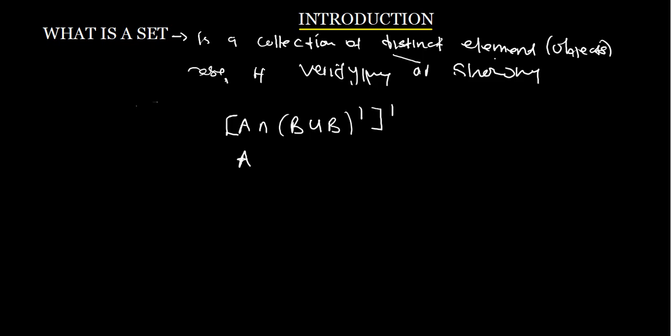Have you seen? You start from the left. So once the complement multiplies there, it will be complement. Since it has jumped this intersection, you now write union.